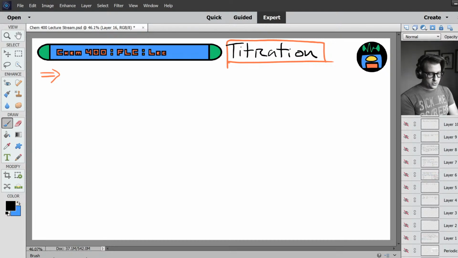Now, in a titration, you're going to use a known quantity.